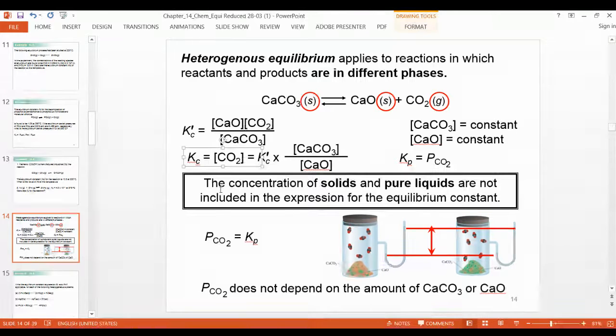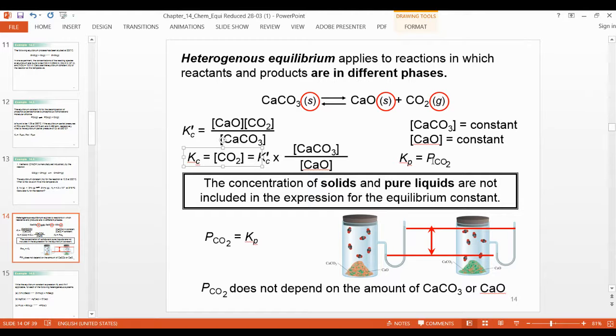The concentrations of the solid and the pure liquid are not included in the expression for the equilibrium constant. Remember that. Pure liquid, I was talking about water, and pure solid, I am talking about these solids. Whenever you get them in the reaction, you never write them.